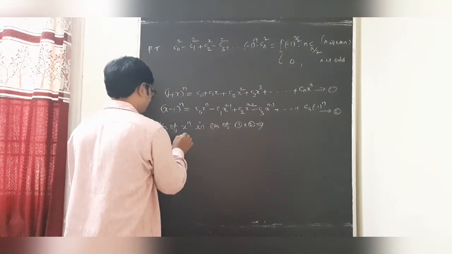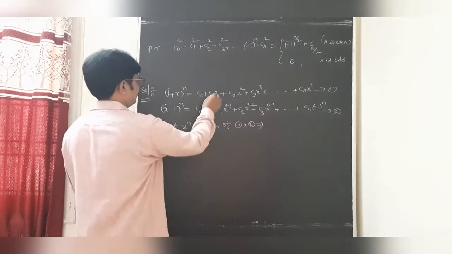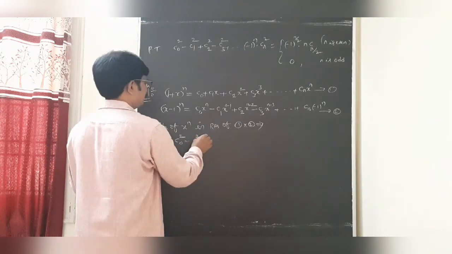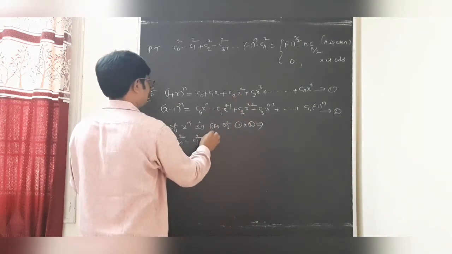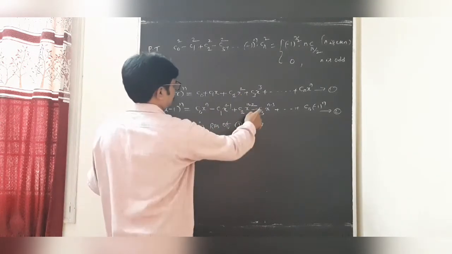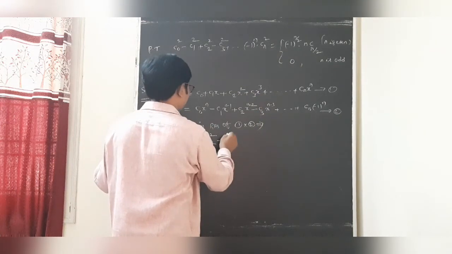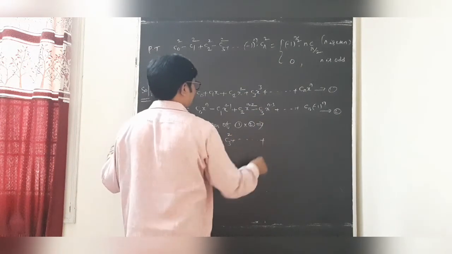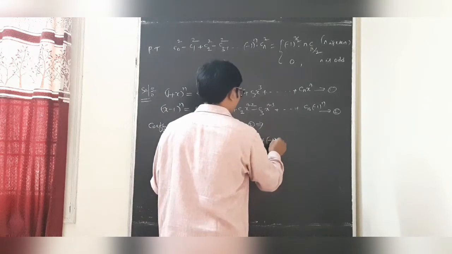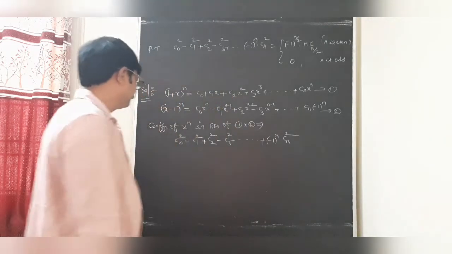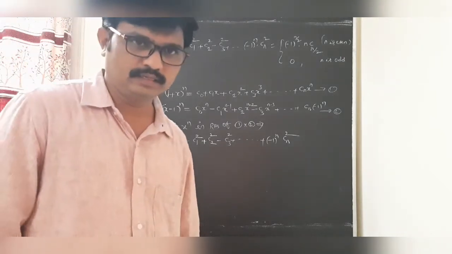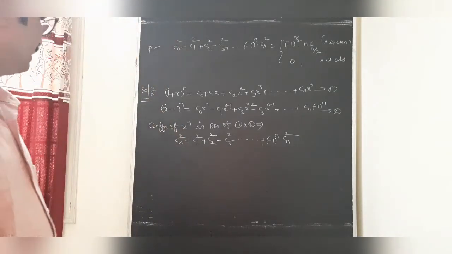C0 square. After that students, minus C1 square. So these are cancelled, C2 square. After then minus C3 square, and so on students, minus 1 power n Cn square. Is it clear students? Minus 1 power n Cn square.